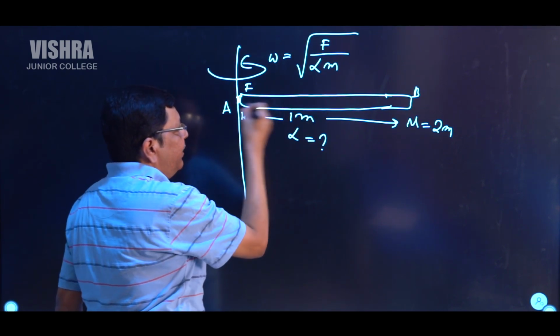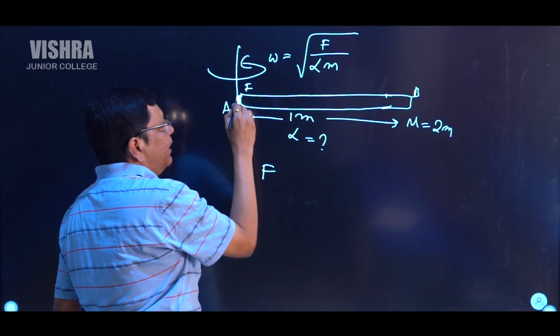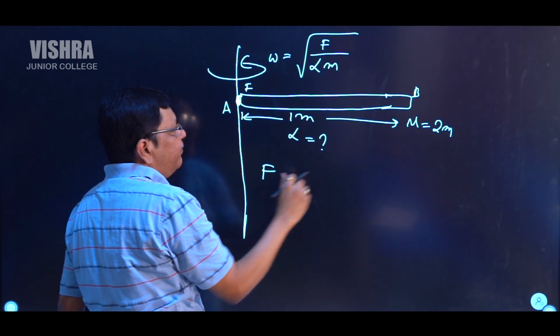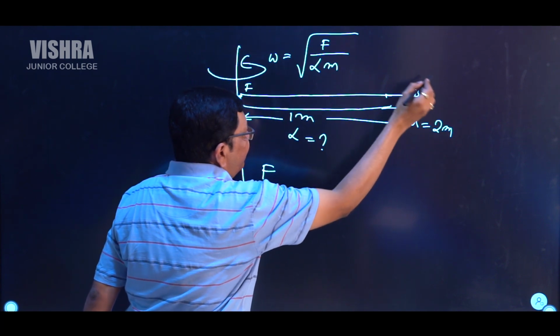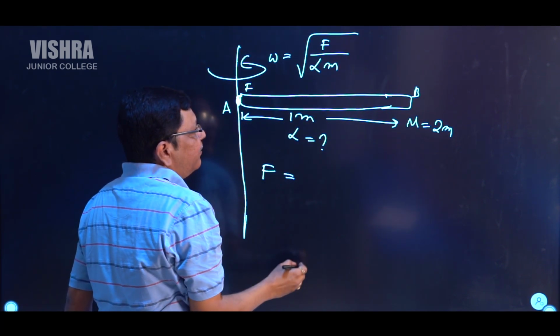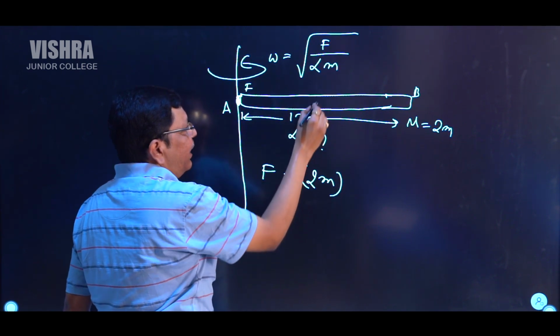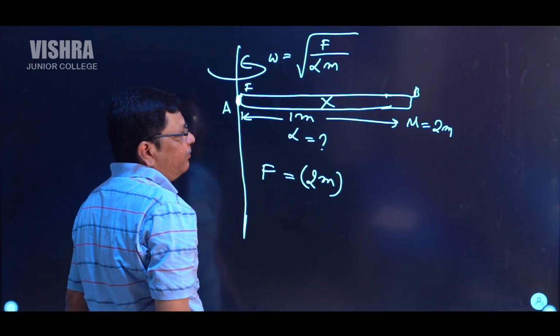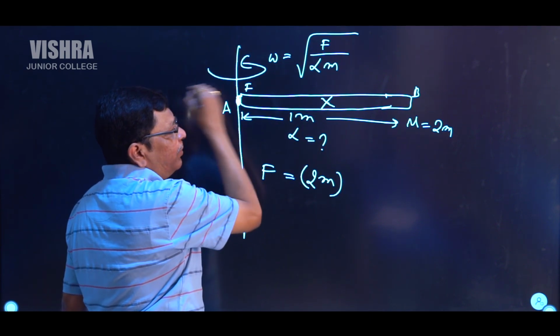Here, the centripetal force acting on the rod: if I take the tension acting on the rod at A as F, the net force acting on the rod here is F. After B there is no material, so no tension. So net force F is equal to the total mass of the rod, 2m, multiplied by the acceleration of the center of the rod. Here the center will follow a circle of radius 1 by 2.